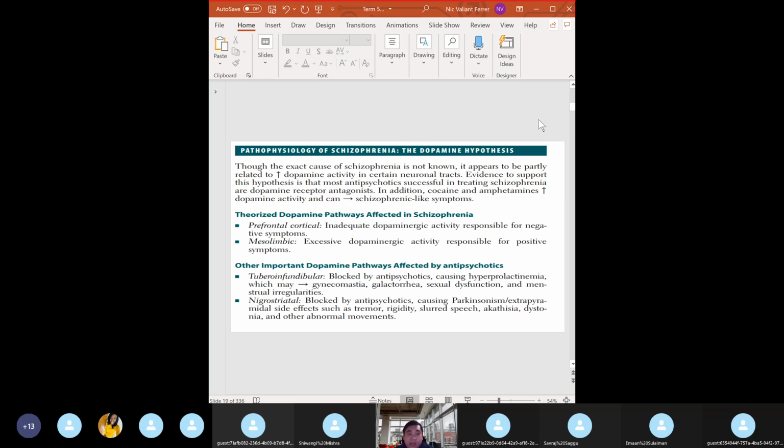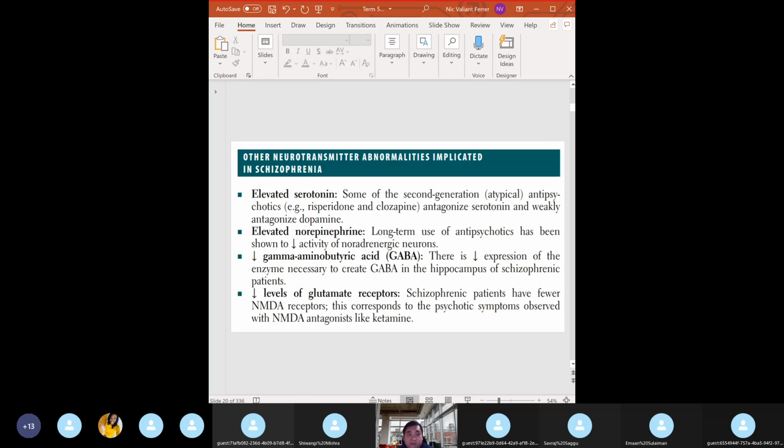Hyperprolactinemia. You can have gynecomastia, galactorrhea, sexual dysfunction, and menstrual irregularities. Also, antipsychotics block the nigrostriatal pathway, causing Parkinsonism, EPS side effects. You have tremor, rigidity, slurred speech, akathisia, dystonia, and other abnormal movements.